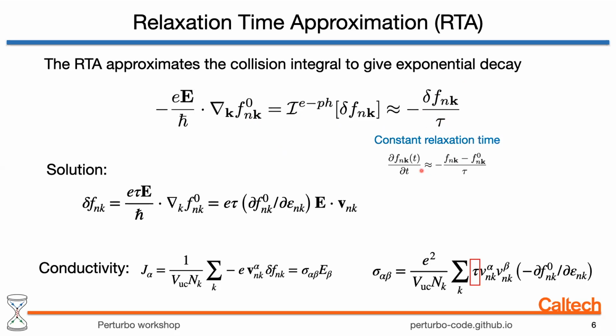If you instead look at the time dependence from the Boltzmann transport equation, and put in the explicit time dependence as well as this RTA approximation for the collision integral, you would find that F has an exponential decay given by this tau, so that this tau is the time between scattering events that gives a decay of your occupation factor.